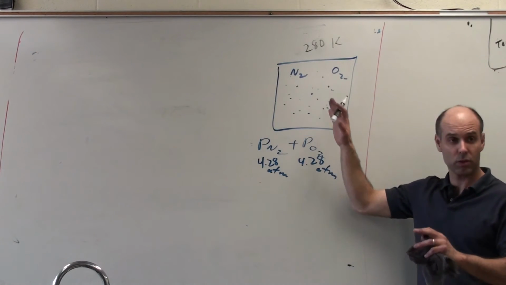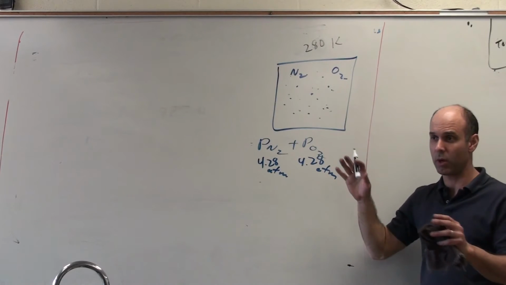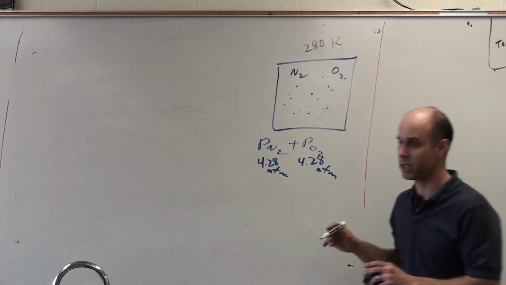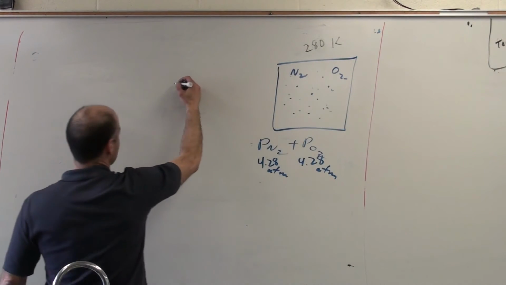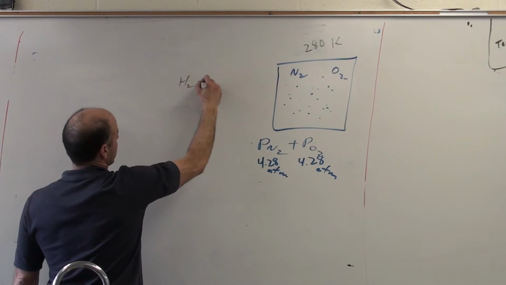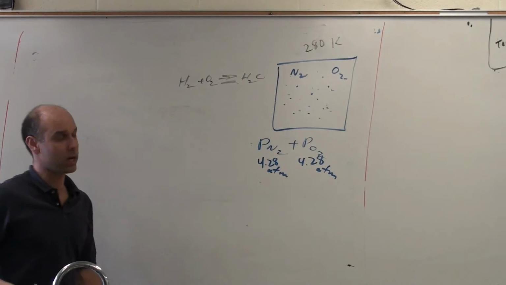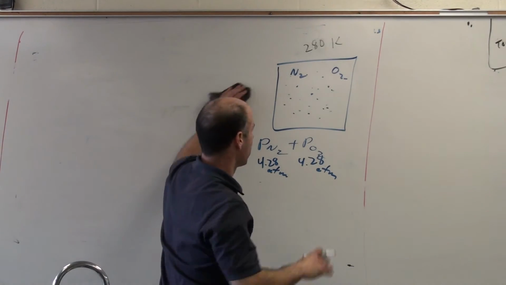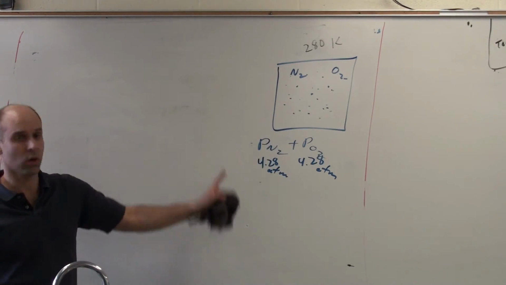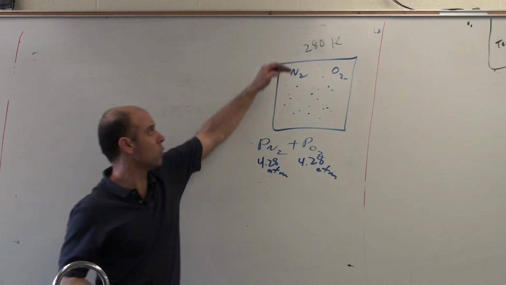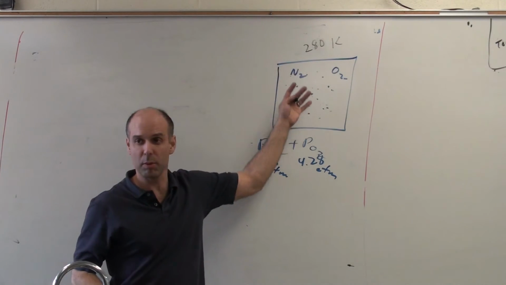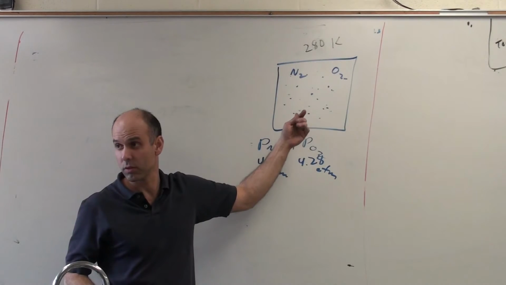Now, remember I said there's no reaction going on. It'd be a whole other story if there was some reaction, like if they had, I don't know, hydrogen gas and oxygen gas in there, and they're looking at some sort of equilibrium reaction. They're not. The nitrogen and the oxygen, the ratio will stay the same. If you lower the temperature, it just means they can be moving slower, okay?